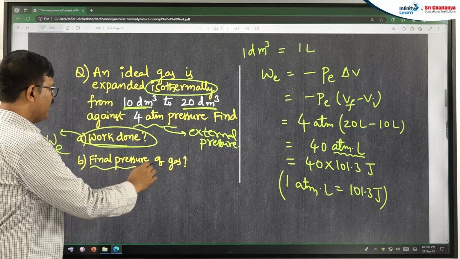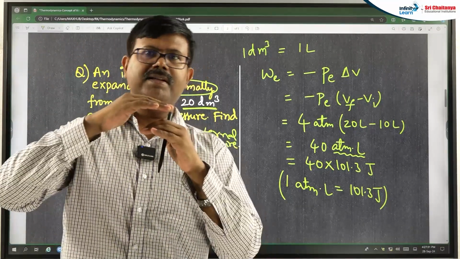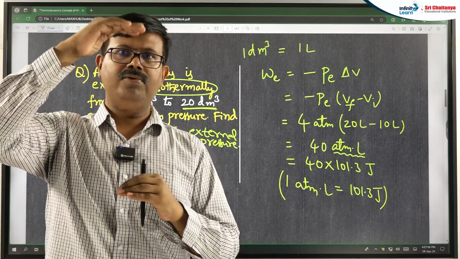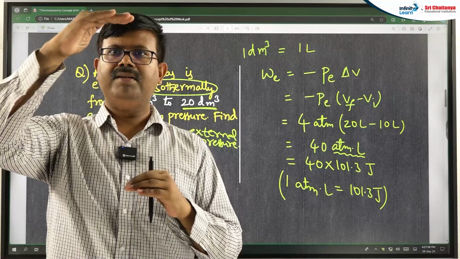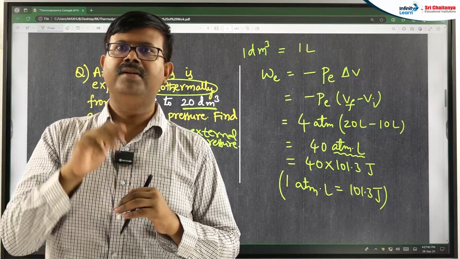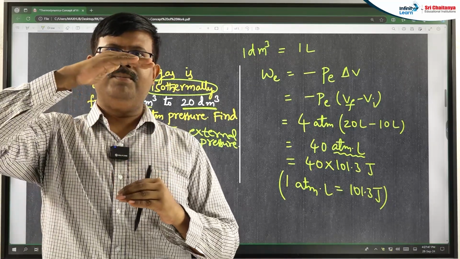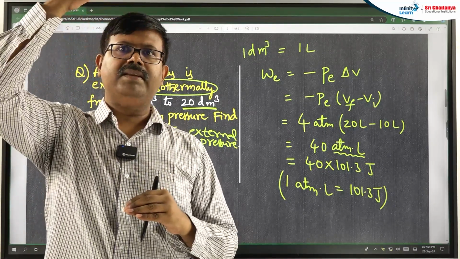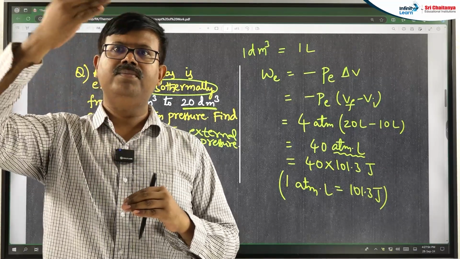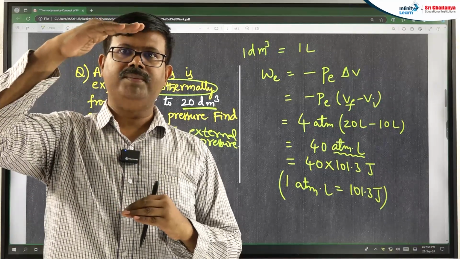Next, final pressure of the gas. How to find final pressure? Piston is going outward, gas is expanding. Somewhere it will come to a stop. When it stops, what is the pressure of the gas? That is the final pressure. Imagine that when a gas is expanding and the piston is going outward, when the external pressure and the internal pressure of the gas equalize, then the piston will come to a stop.